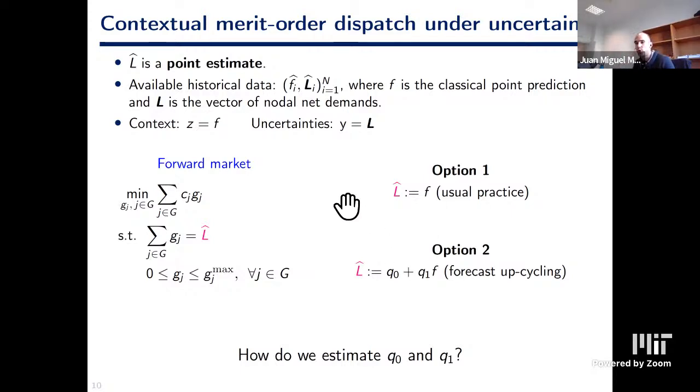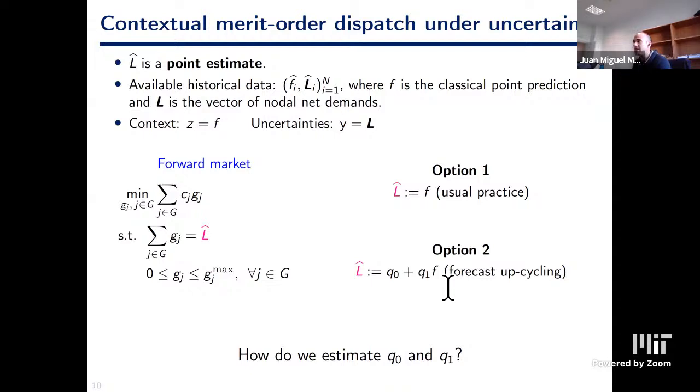You could also use stochastic programming or any kind of optimization under uncertainty technique to solve this problem as well. But if the TSO doesn't want to solve a stochastic programming, robust optimization, or distributionally robust optimization problem, because this is very difficult to solve, what we provide the TSO is this rule.